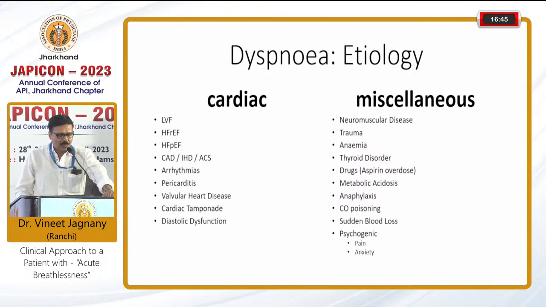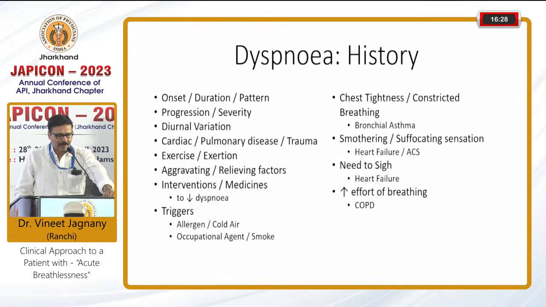The cardiac causes would include left ventricular failure with reduced and preserved ejection fraction with arrhythmias and CADs, with valvular involvement, tamponade and diastolic dysfunction, which we invariably miss out. Also, the psychogenic cause, thyroid disorder, should not be missed out when we talk of dyspnea.